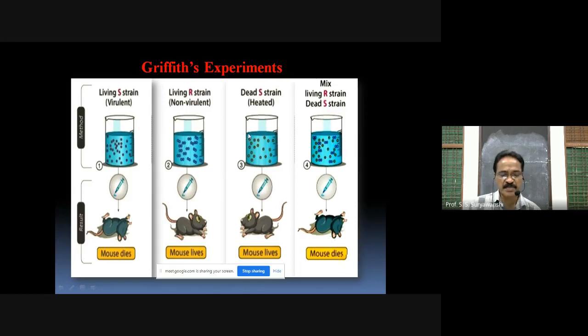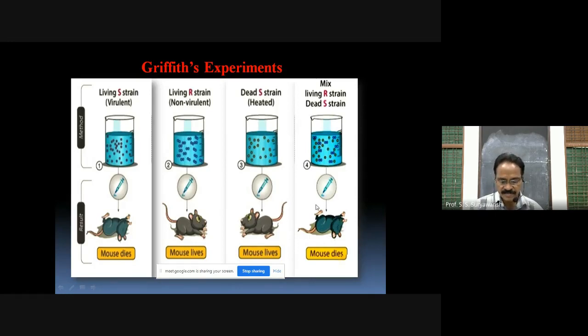So the Griffith experiment proved that something is there in the S strain, even after the heat-killed treatment, it survives, but does not affect the mouse. But when it is with the R strain, it goes to R, and the R, which is harmless, is converted into the S strain, and this causes the pneumonia disease in the mouse.